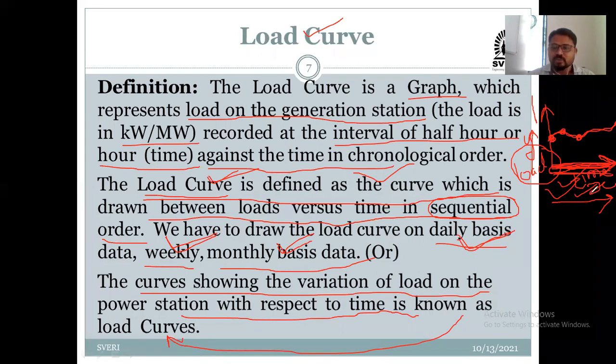Means, as you know that for different time the load is different. So whatever the variation of this particular load is there with respect to this particular time, that is known as the load curve. Now you can remember any definition from this.